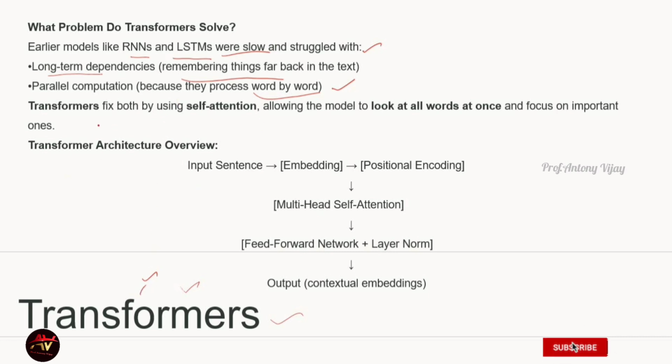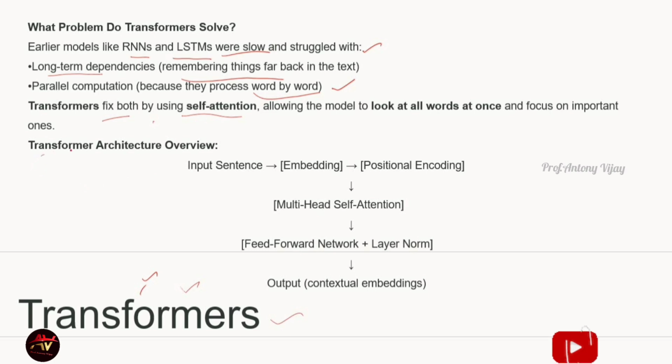Transformers fix these two issues by using self-attention. Self-attention means it can look at all 30 words in a sentence at a time and focus on what is important and what is going to come next. That prediction can be done very easily with the help of transformers.